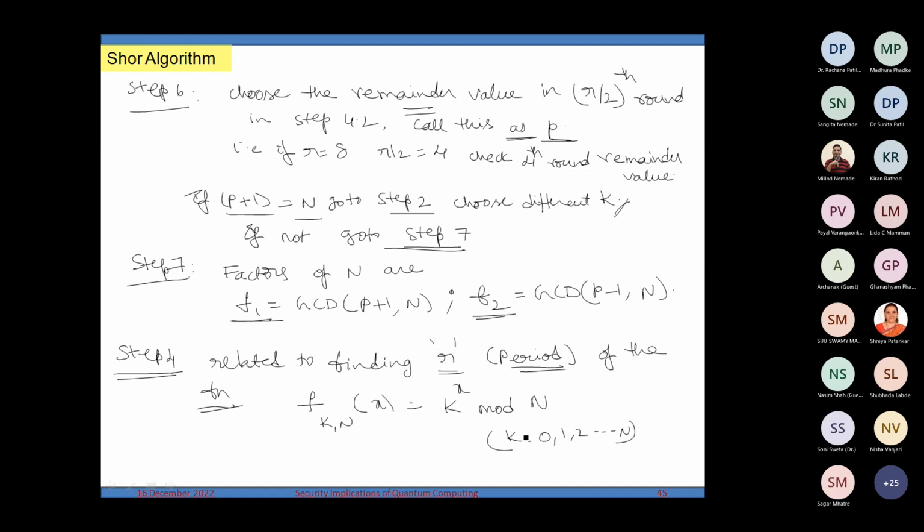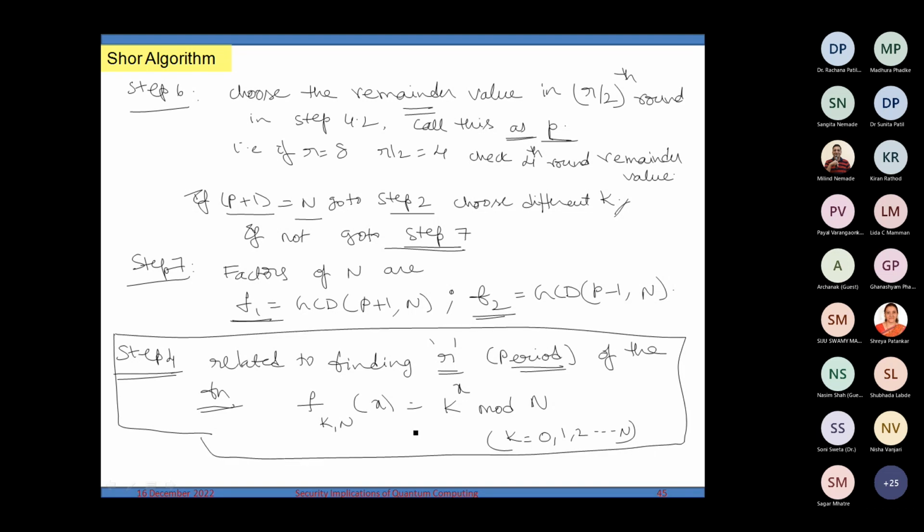So that means your step 4 is about finding a value called r, which is called a period, for different values ranging from 0 to n. So this is the Shor algorithm.